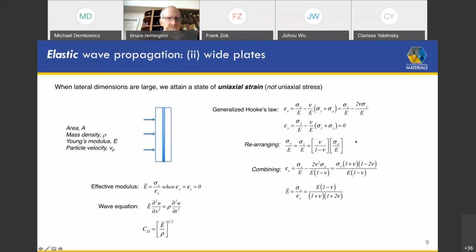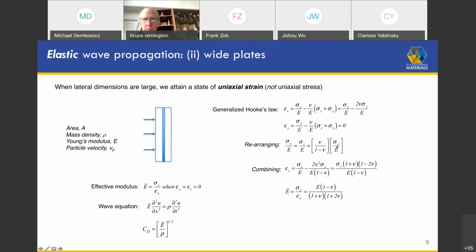We similarly write an expression for the strains in the y and the z directions in terms of the stresses and the Poisson's ratio and the modulus, and we set that equal to 0. So rearranging this last equation, we solve for the two transverse stresses, sigma y and sigma z. They're proportional to the axial stress sigma x through this proportionality constant, nu over 1 minus nu.